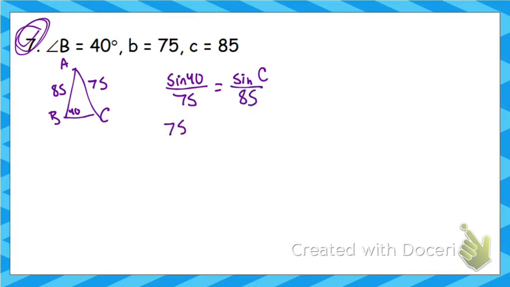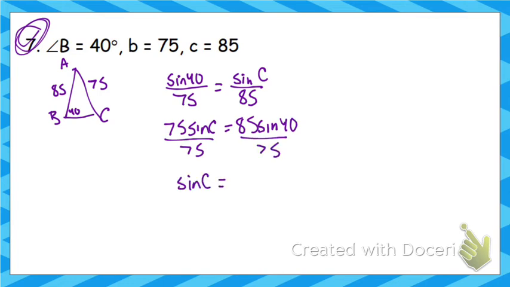Cross multiply and divide. So sine C is equal to 85 times the sine of 40 divided by 75. And again, to find the angle, we're going to use inverse.